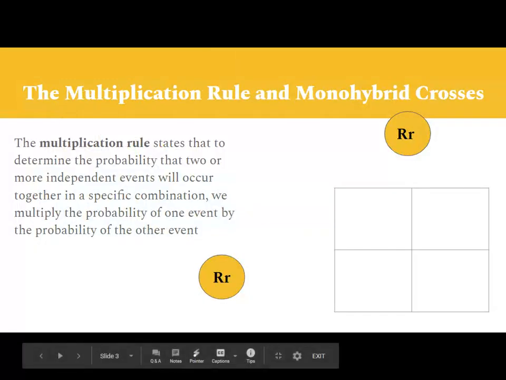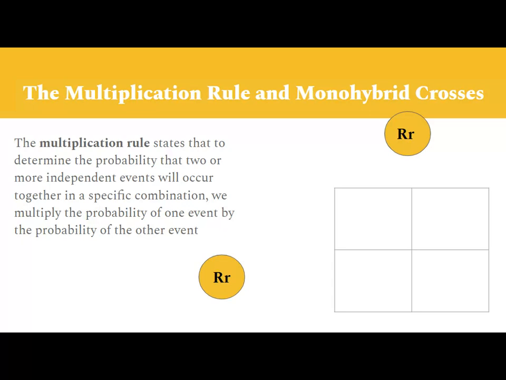So the multiplication rule. That's where we're going to start. The multiplication rule states that to determine the probability that two or more independent events will occur together in a specific combination, we multiply the probability of one event by the probability of another event.